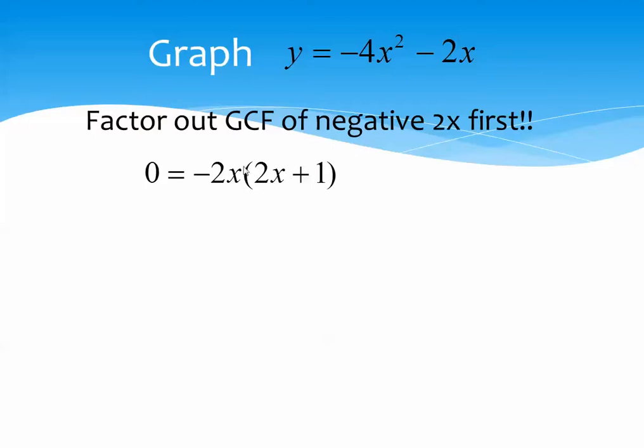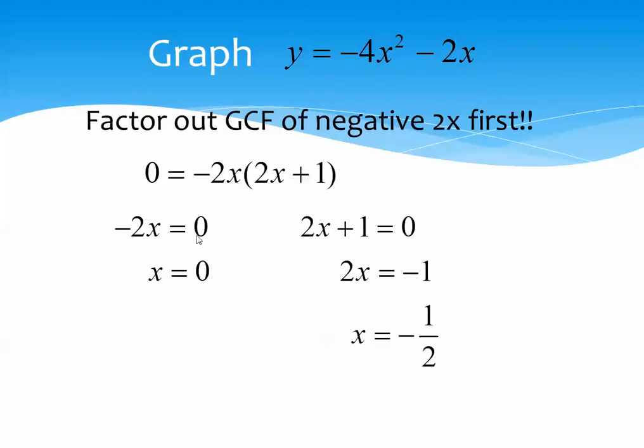All right, and now I have 2 parentheses, and you're like, well, two factors, and it's true. This is a parentheses here, but remember, it's being multiplied by this. So imagine this is also in parentheses. So we're going to set these 2 pieces equal to 0, so we can find out where they hit the ground. So we'll have negative 2x is equal to 0.